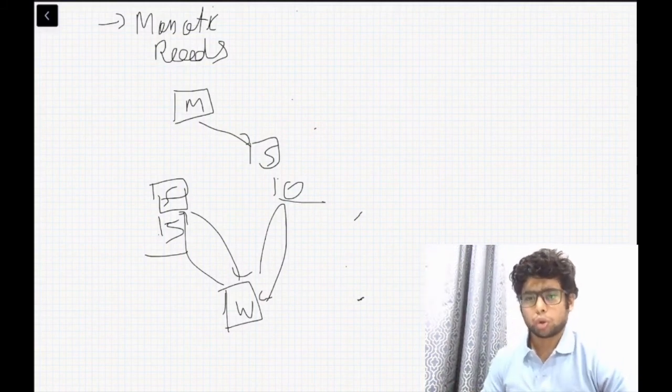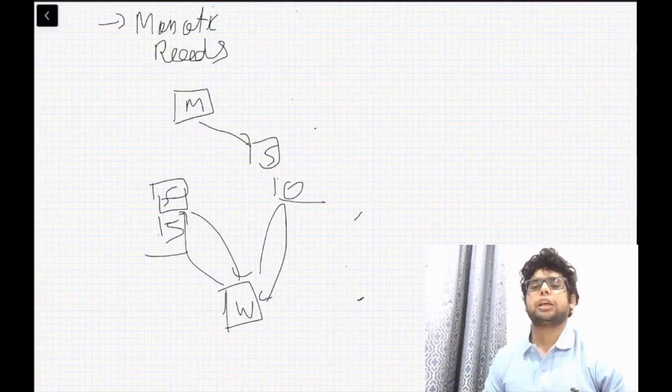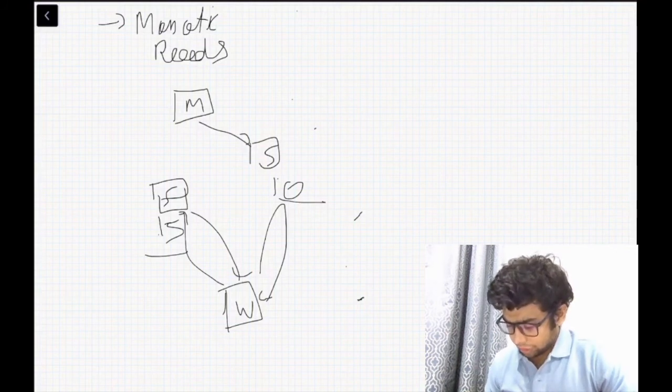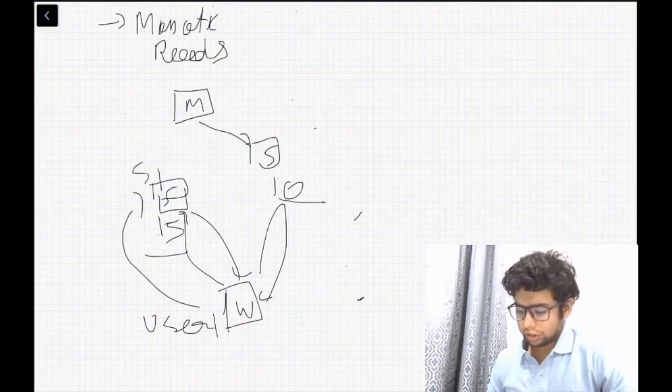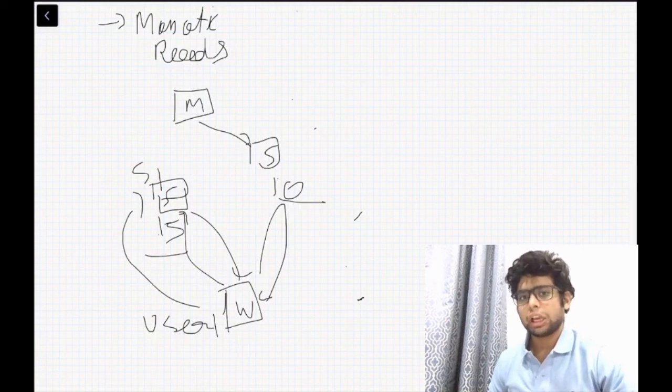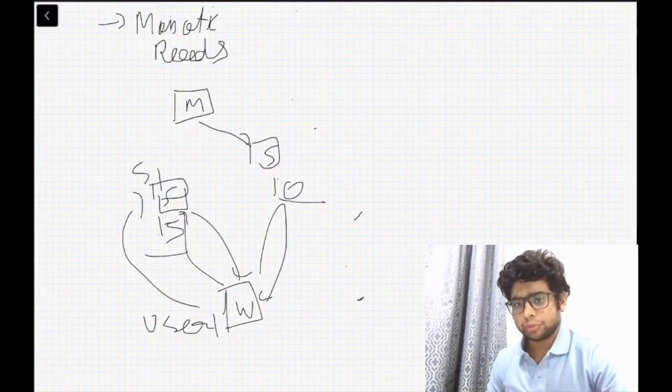And the solution for monotonic reads is that, let's say, we fix that this user one would always read from slave one. So even if he refreshes, he would only get data from slave one. So he can't ever go backward in time, because this slave one would always be updated.